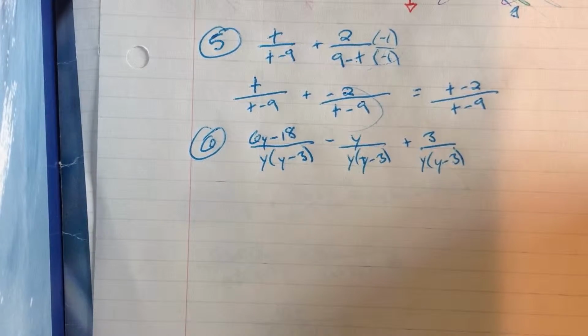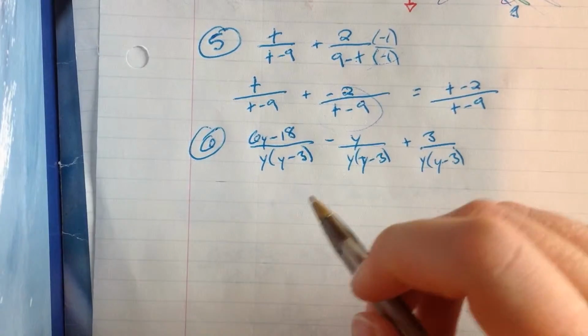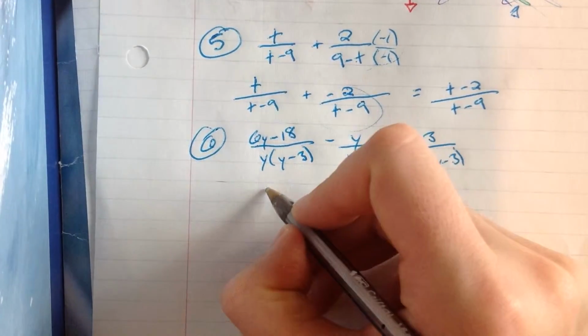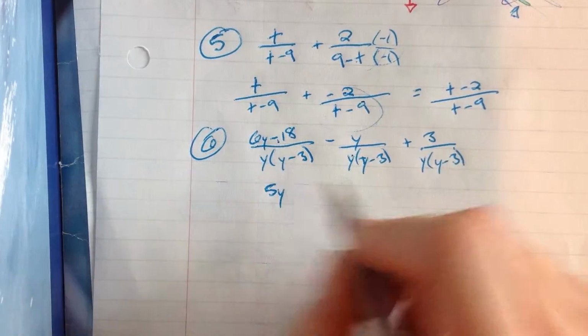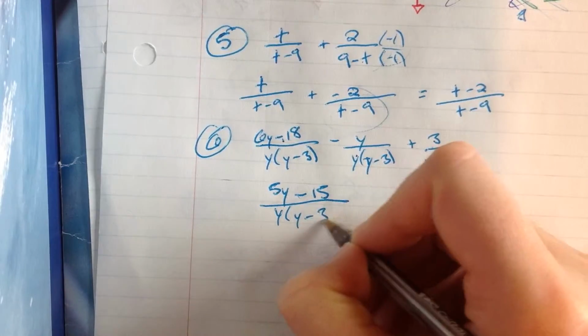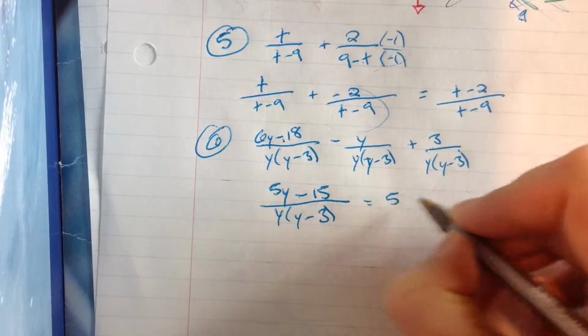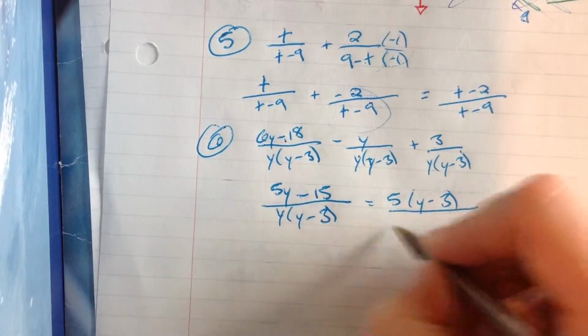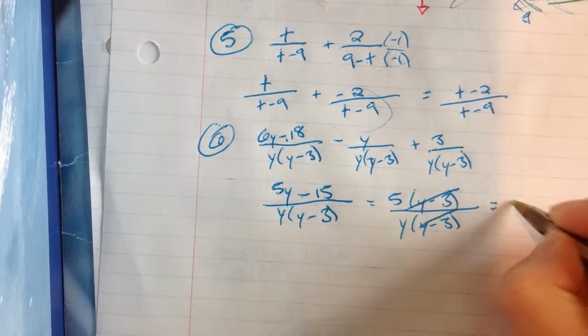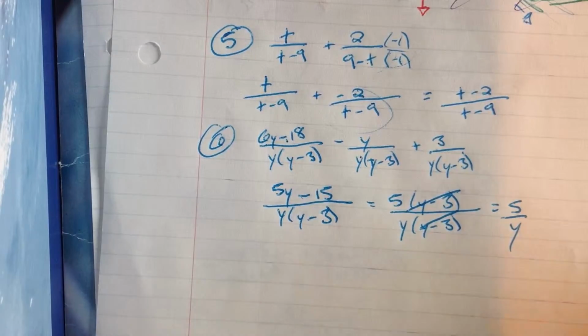So I already have the common denominator, so we would say 6y minus y is 5y, negative 18 plus 3 is negative 15, all over y minus 3. Factor out a 5 leaves me with y minus 3 all over y minus 3. So the answer is 5.